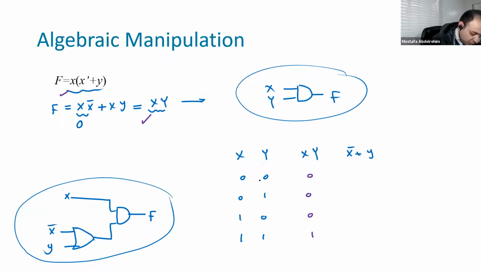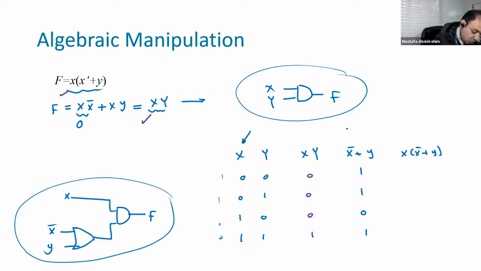So x prime is 1, 1, 0, 0. So 1 or 0 is 1, 1 or 1 is 1, 0 or 0 is 0, 0 or 1 is 1. That's right. Then x prime or y.